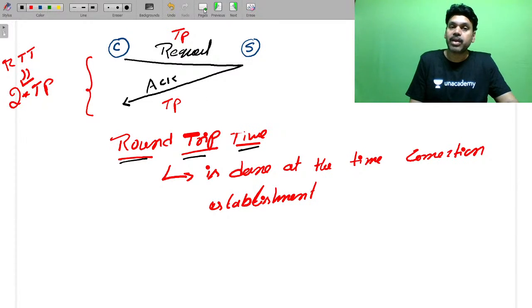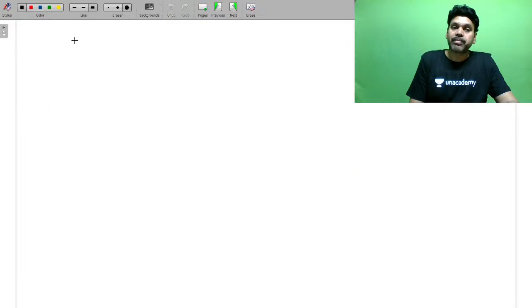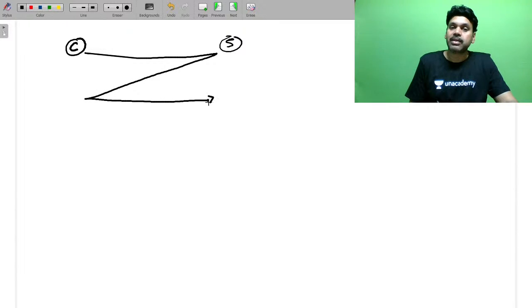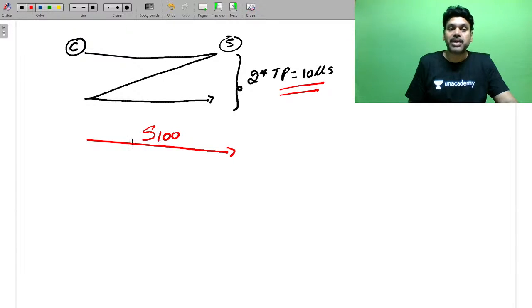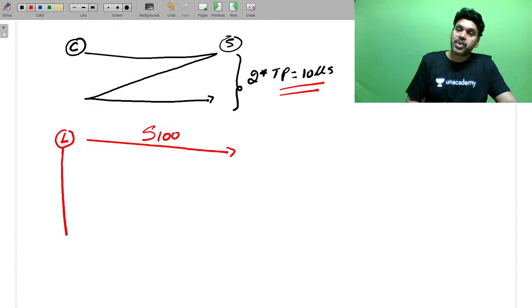For example, the client and the server realize at the time of establishing the connection that our round trip time, 2 into TP time, is something like 10 microseconds. That means whenever I transmit a segment, segment 0 or segment 100, whatever it may be, I raise a timer, and this timer is given a timeout value.